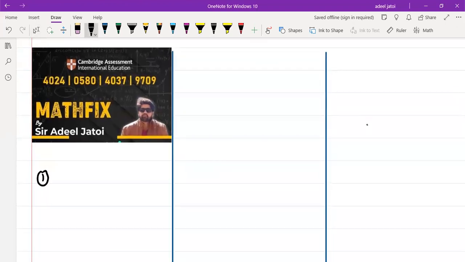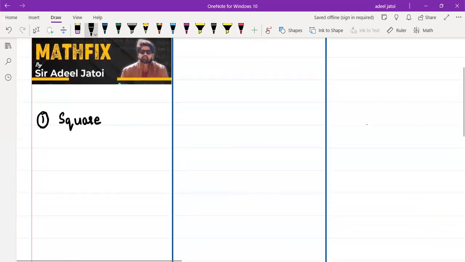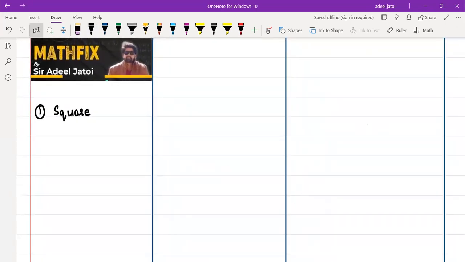Number 1. Remember that you should be familiar with the names of the following quadrilaterals and their angle properties. The first one is square. So what does a square have? Number 1, two pairs of parallel lines.